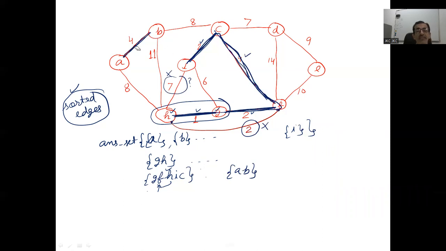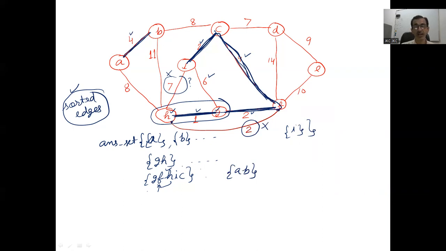Similarly, after this, next another edge with 4 if available; not available, then 5, no, so I have the next one to be this one, 6. Now 6 is connecting G and I. G and I are in the same component. Two distinct components are not getting connected, so it will not get added.